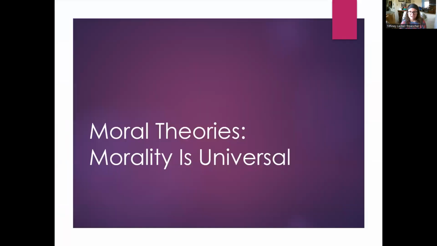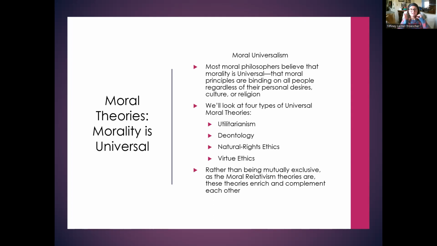But then we have the other group here where morality is universal. We have moral universalism. Most moral philosophers believe that morality is universal, that moral principles are binding on all people regardless of their personal desires, culture, or religion. So they are looking at the subjectivist and saying, no, a person's desires have nothing to do with morality.